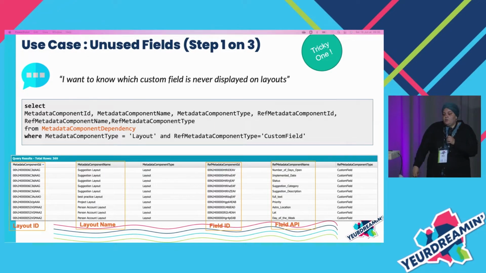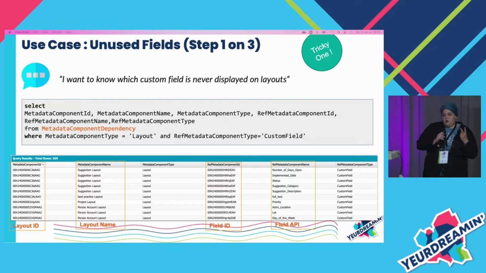And I need to be able to make a real quick check. So sometimes I use Excel to do that, and this is a way of doing it. For example, in this case, I want to see which fields I have created that are never shown on any layout. So you will use Excel for that.